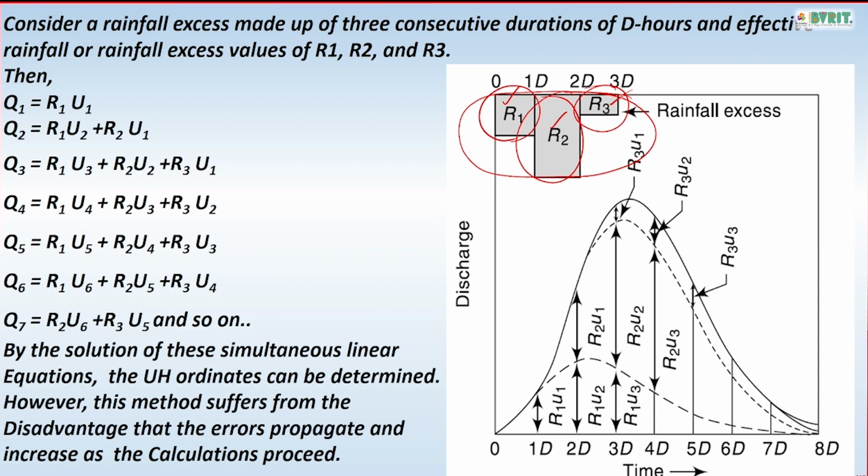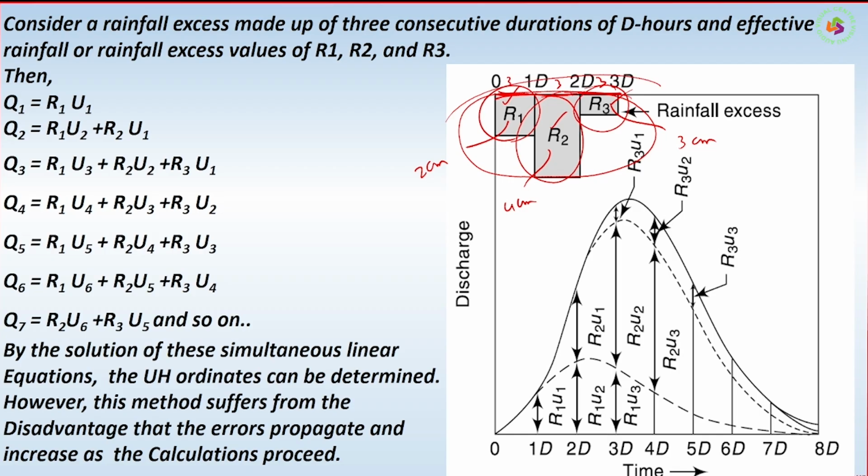For example, the duration of each is constant: suppose this is 3 hours, this is also 3 hours, this is also 3 hours. This is the data that is given to you.